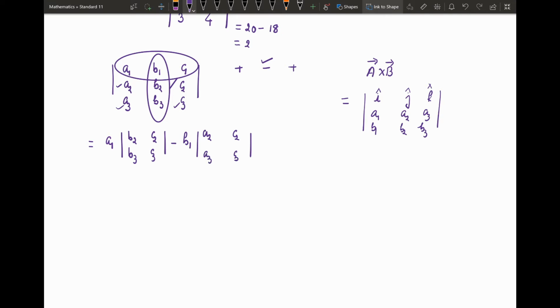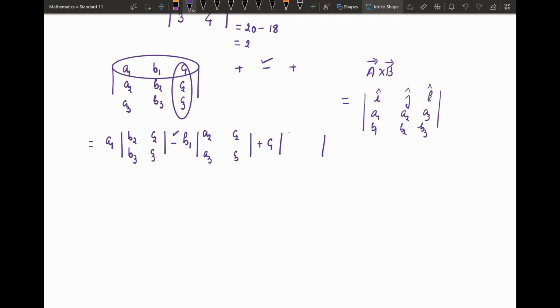Here you have to take care, you have to take the minus sign. Now last, plus C1 into, leave the column and row in which entry C1 lies.